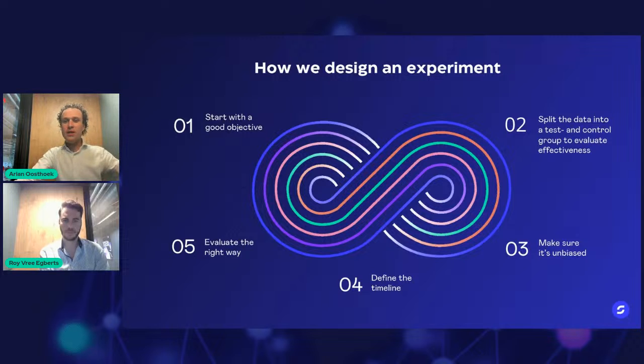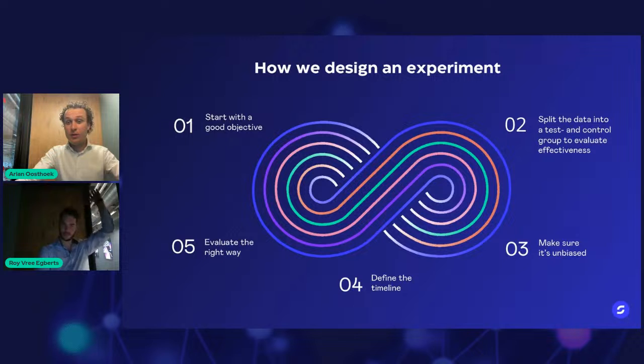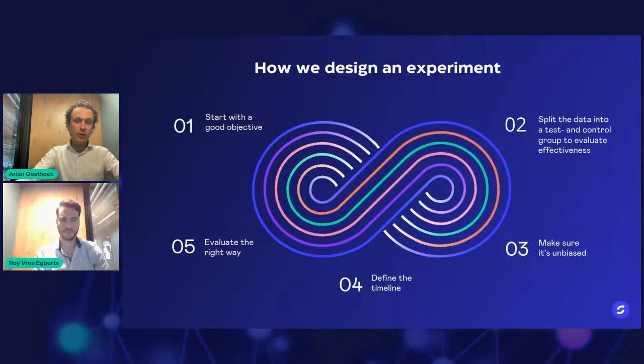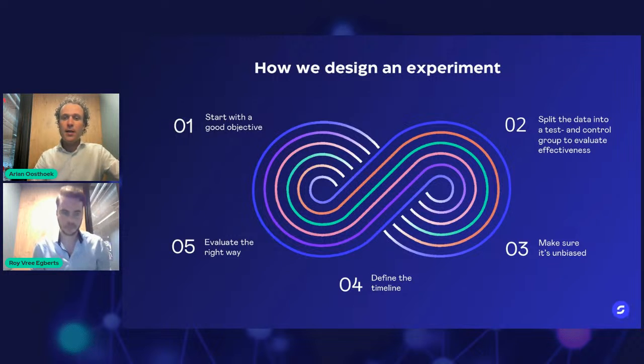Therefore, we need to set up a test and a control group in the second step. We can set up this test and control group on a customer level, on a product level, or even on a channel level, like the Amazon and Otto example Roy explained. But it's really important that it's not biased.